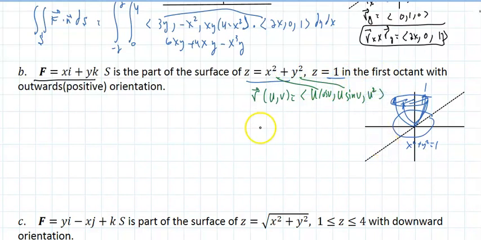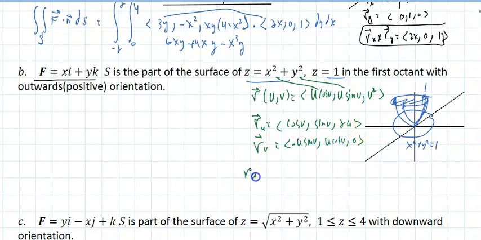Yeah. So what I need now, r sub u is going to be the cosine of v, the sine of v, and 2u. R sub v is going to equal negative u the sine of v, u the cosine of v, and 0.